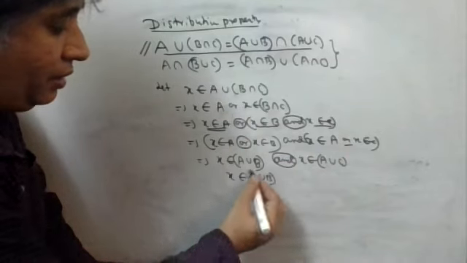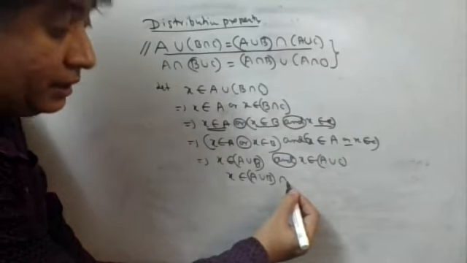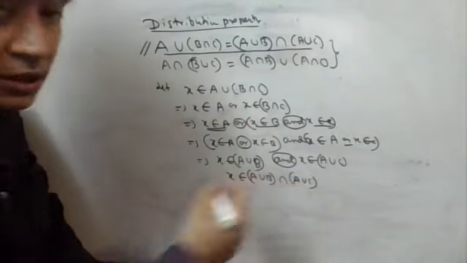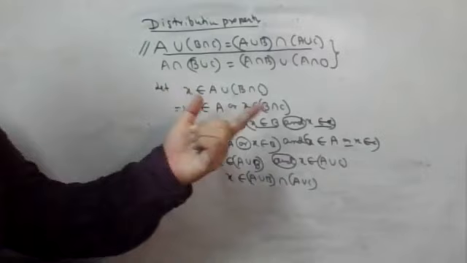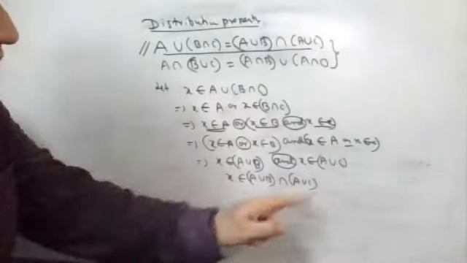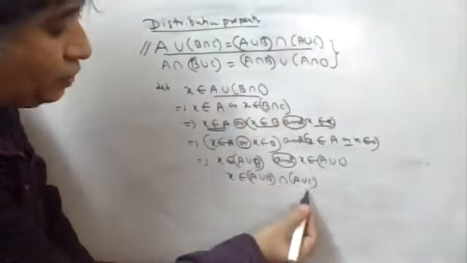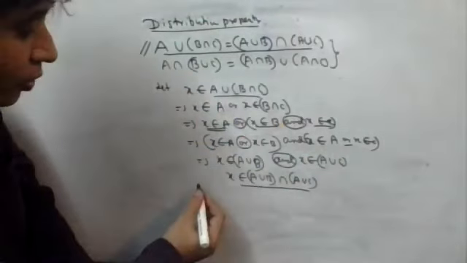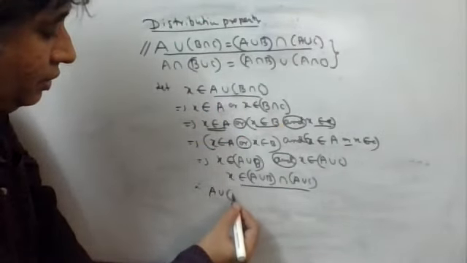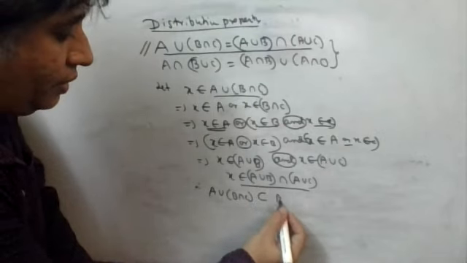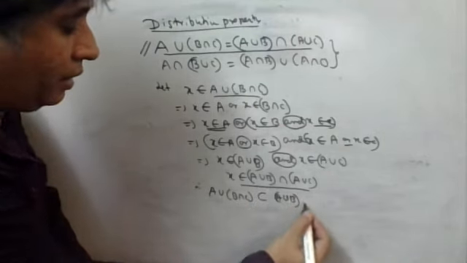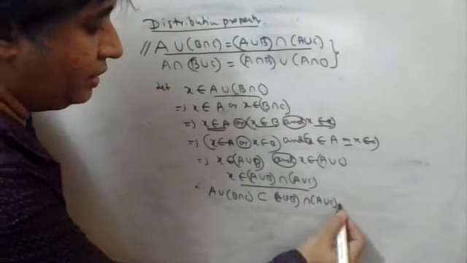A union B and intersection A union C. So, what does it represent? That X belongs to this implies X belongs to this. So this is the subset of this. Therefore, A union (B intersection C) is the subset of (A union B) intersection (A union C).